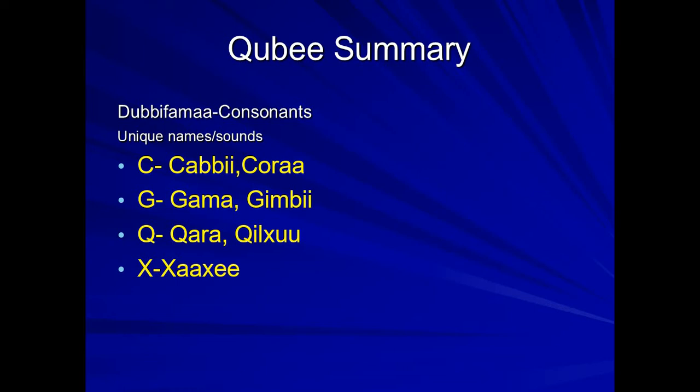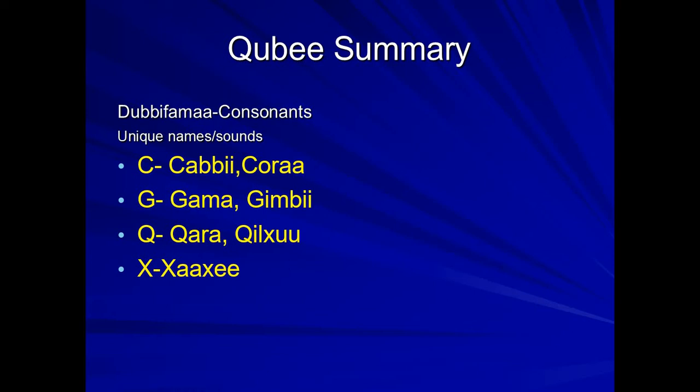This is similar to some of the words in English where we use G for ga, but also sometimes for the sound J. In Oromo, for the sound J, we use J, not G. For example, in English, garage, as we have seen before, the same G is used as ga and also as J. But in Oromo, it's not like that. It's always used for the ga sound: ga, gama, gambi, and so on.